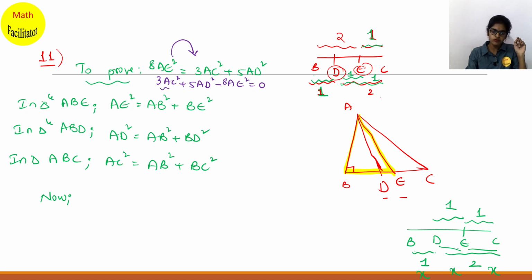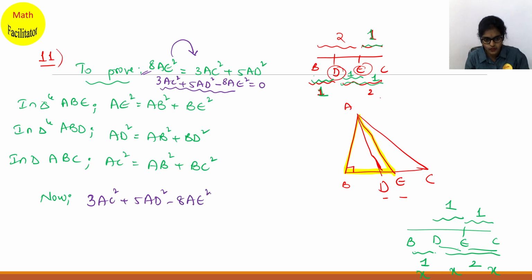So if I can prove this equal to 0, I'll have proved it, yes or no? So I'm taking the LHS, 3 AC square plus 5 AD square minus 8 AE square. You have to prove this is equals to 0.